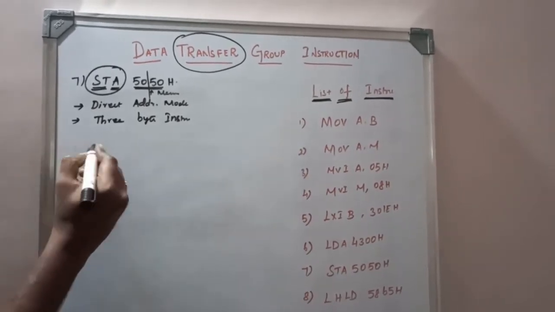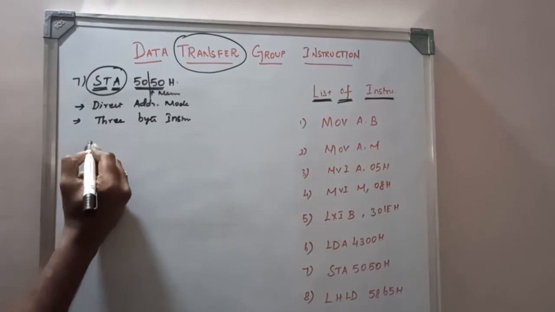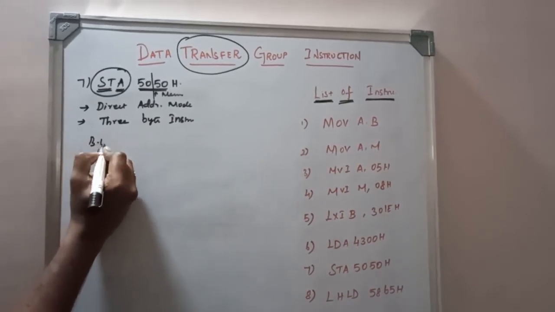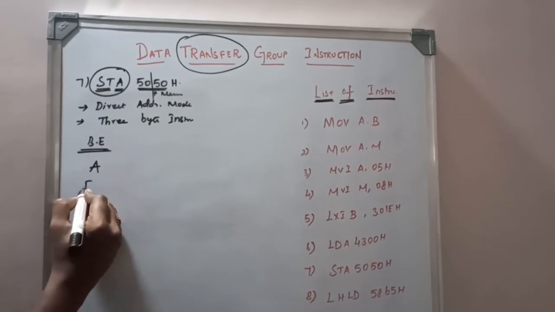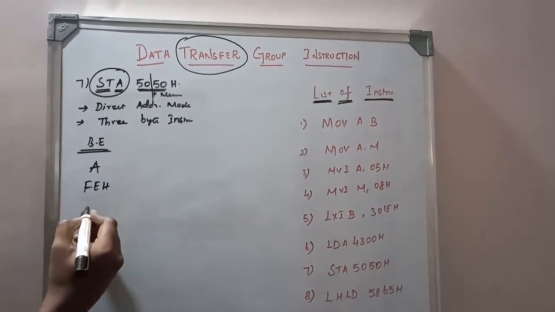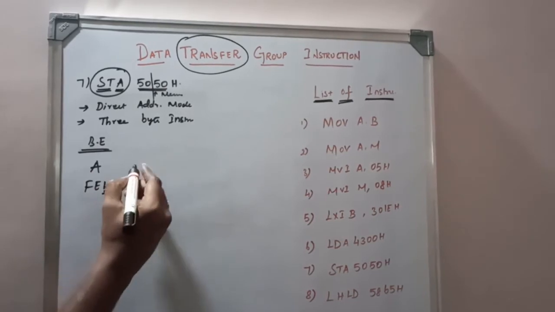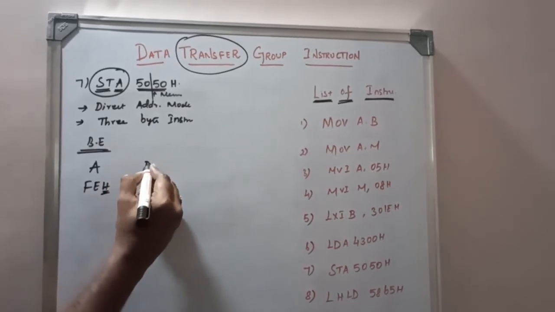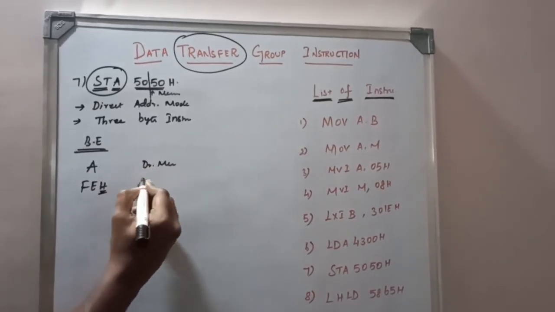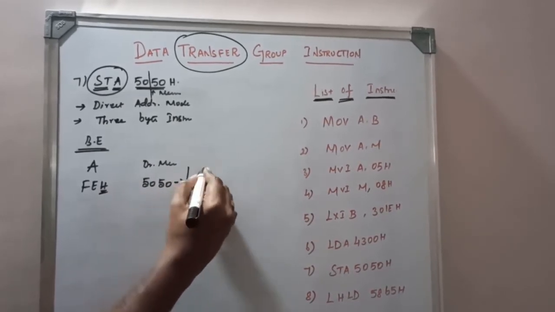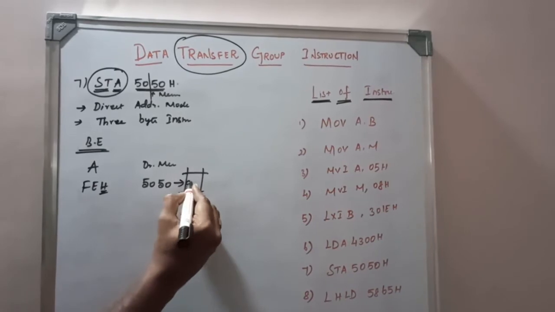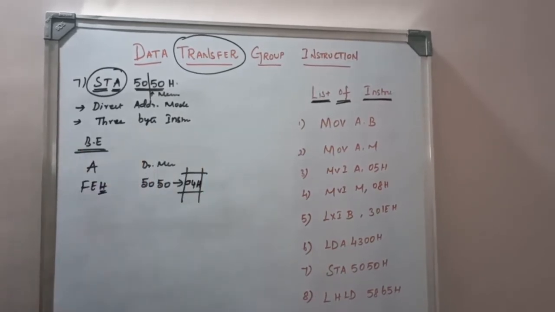Now the explanation. Before execution of this instruction, the accumulator holds FEH, where H represents the hexadecimal value. The direct memory location 5050 holds one 8-bit value, which we consider as 04H.